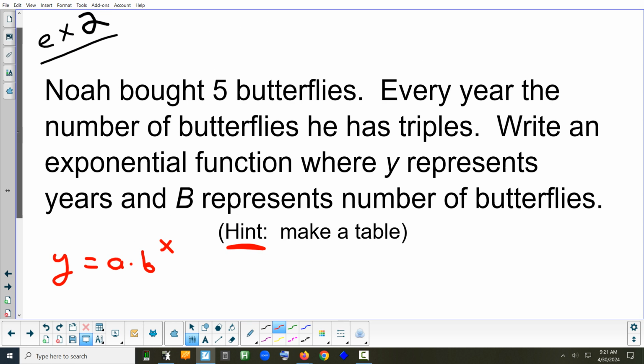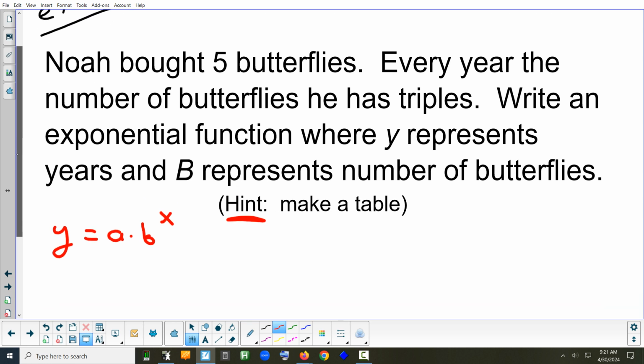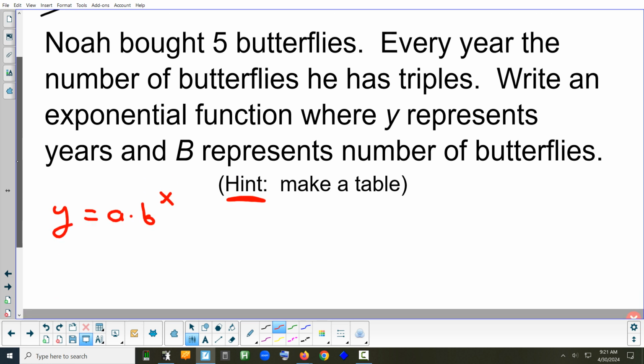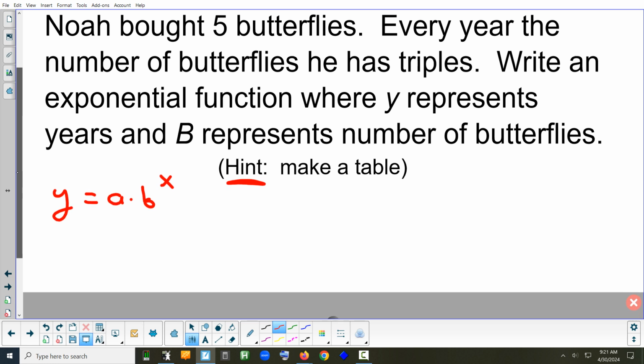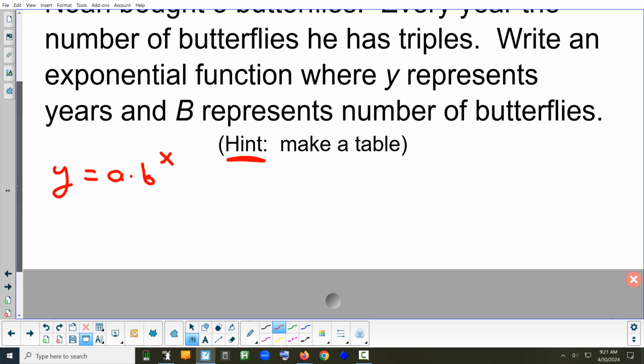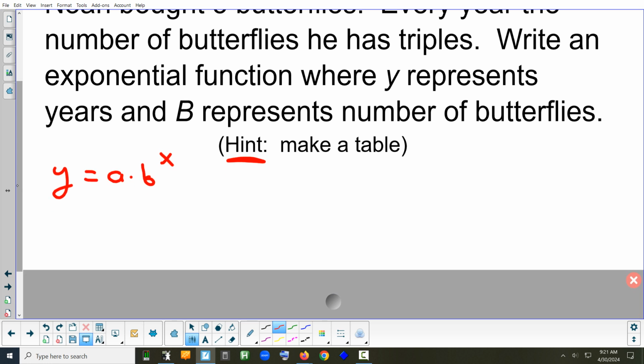All right, so write an exponential function where y represents years and b is the number of butterflies. All right, I don't think I want to use y. I think it's just going to be confusing because we're going to confuse y with the y-axis, and that's not what we want to do.